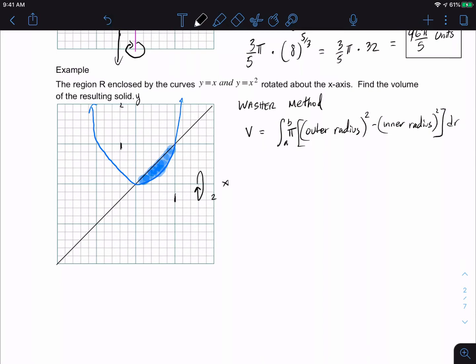Because each one of those is the area of a circle. It's basically the area of the outer circle minus the area of the inner circle. Does that make sense?